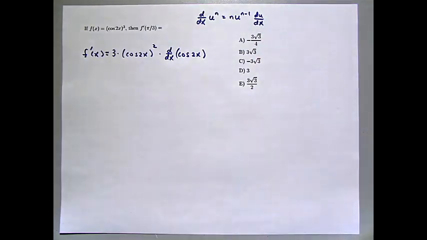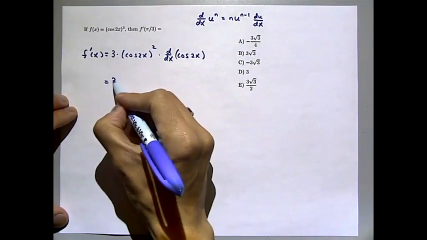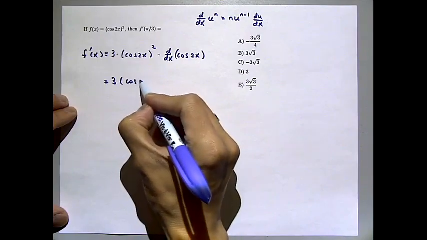Okay, so there's the basic chain rule there. Nothing to do here. It's already as simple as it gets there.